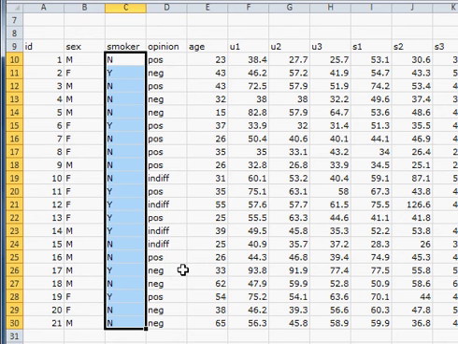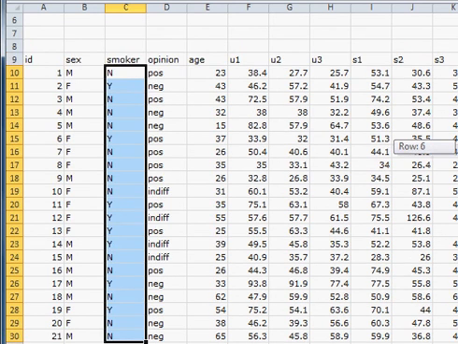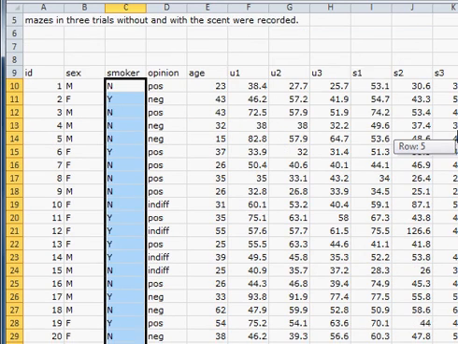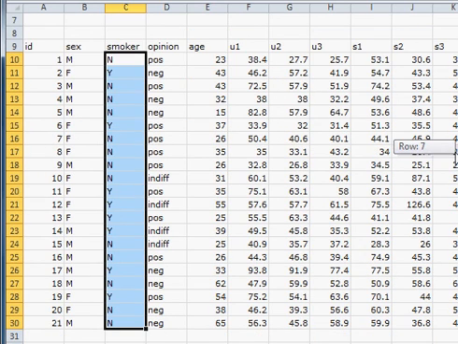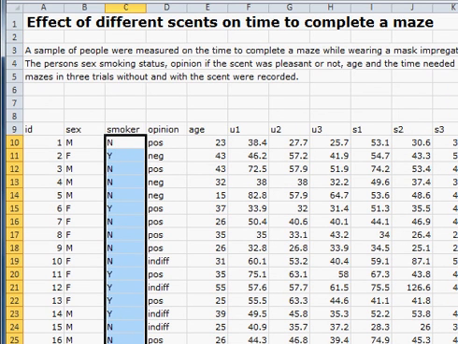This is whether the participants in the study felt the smell was a nice smell or a not nice, negative smell. And I'm curious whether the proportion of people who like the smell is different between smokers and non-smokers.